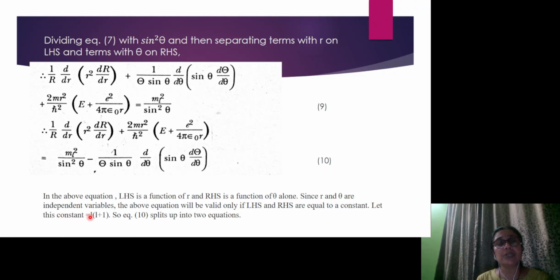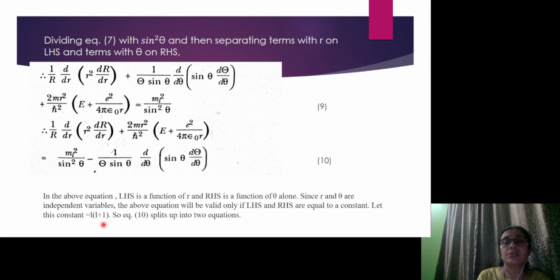Let us denote this constant by L into L plus 1. Why are we taking this constant as L into L plus 1? What is this L? That also we will see afterwards. So rewrite: LHS is equal to L into L plus 1, RHS is equal to L into L plus 1.